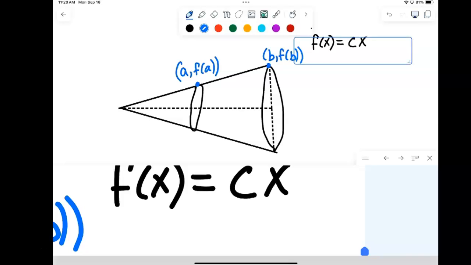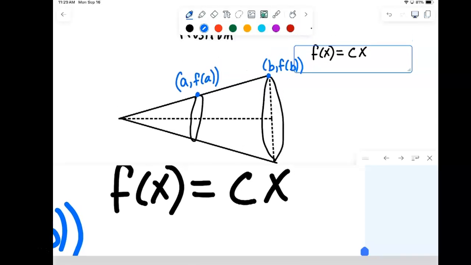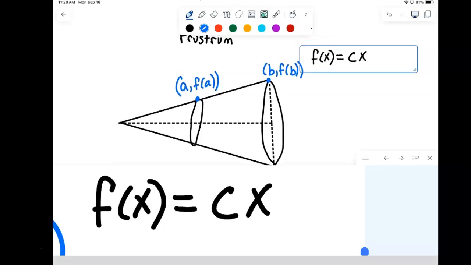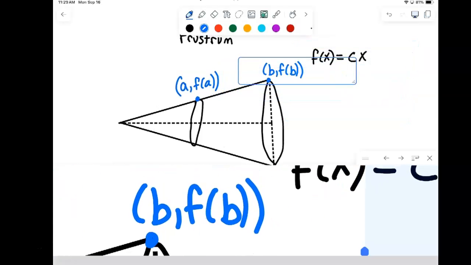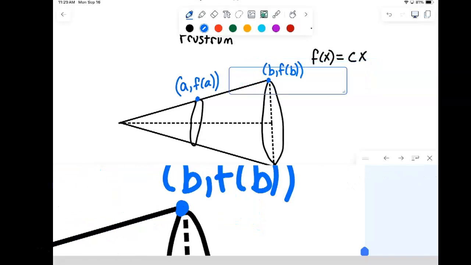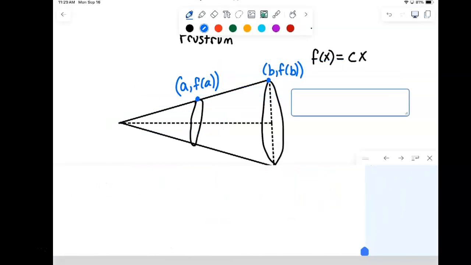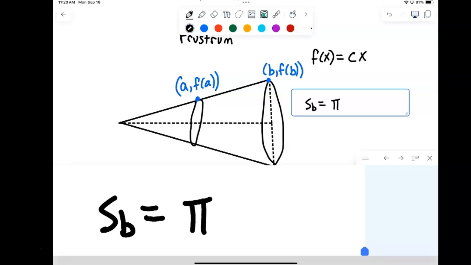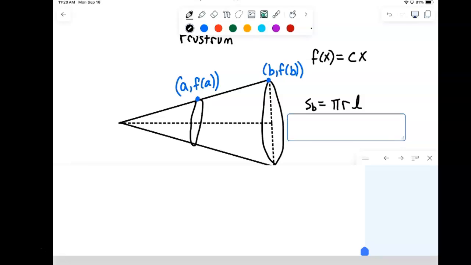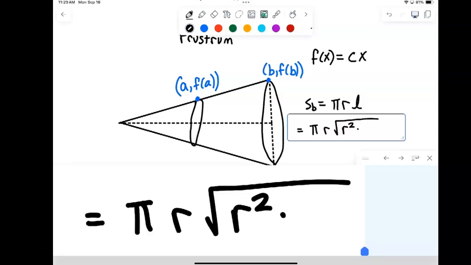Okay, so first, in terms of this function f of x, I want to find a formula for the surface area of the cone that starts at 0, 0 and goes to B, f of B. Starting from above, S sub B would be pi times the radius times the length, which would be pi times the radius times the square root of r squared plus h squared.